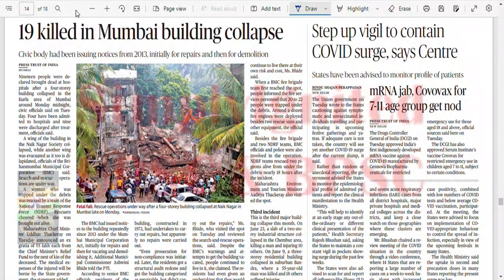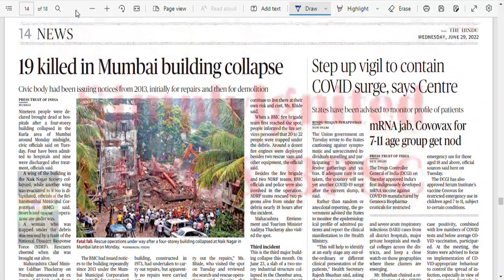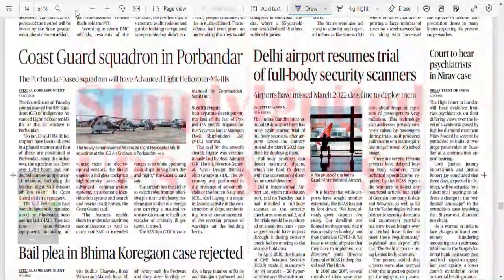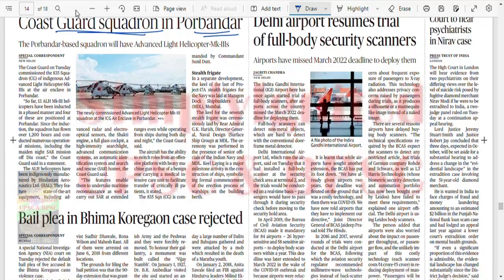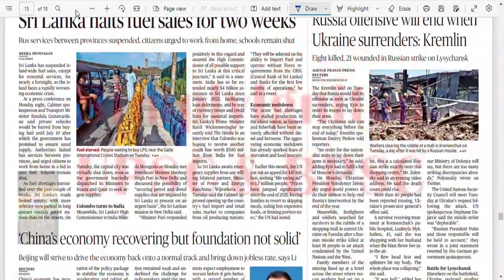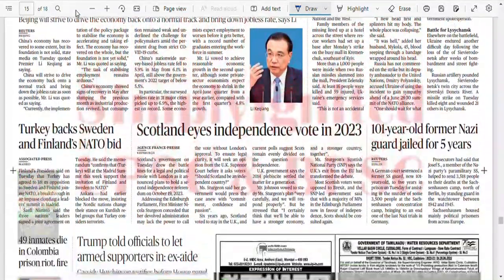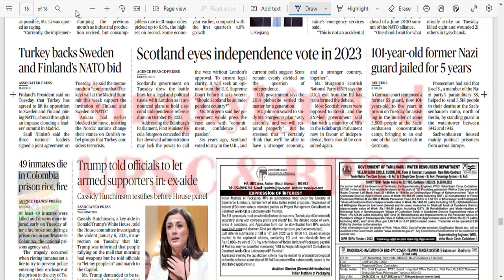Okay, we'll do this one. Does no Coast Guard squadron at Porbandar has come. Okay. This is important. Turkey has backed.